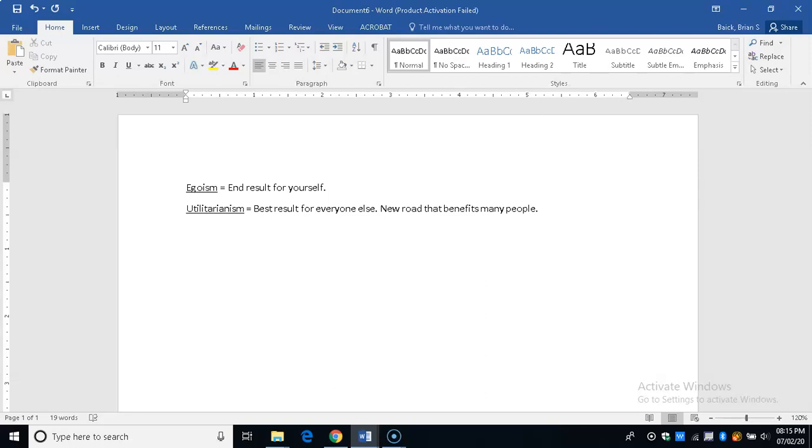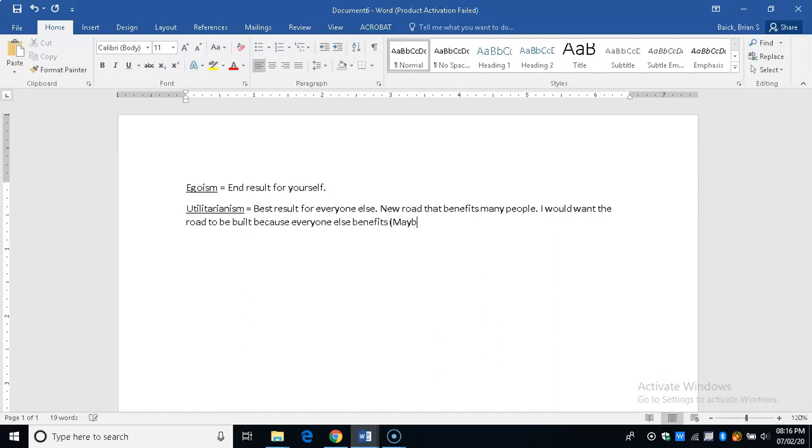So if this road goes through my own house, then obviously that's not a good end result for me, but it is a good end result for everyone else. So if I'm a utilitarian, then I would say go ahead and build that road that goes through my house because everyone else is better off. So if I have a new road that benefits many people, I would want the road to be built because everyone else benefits.